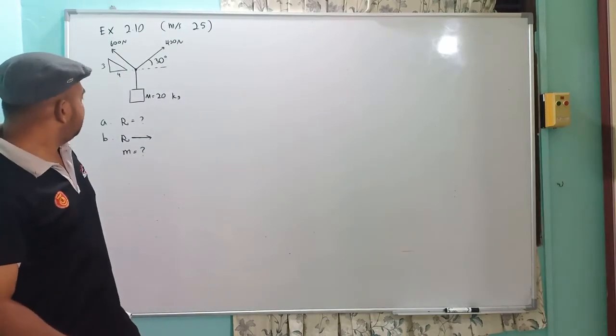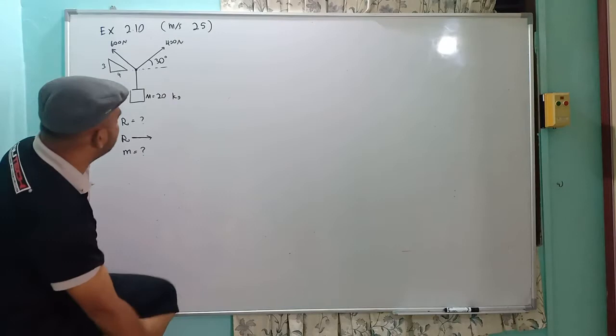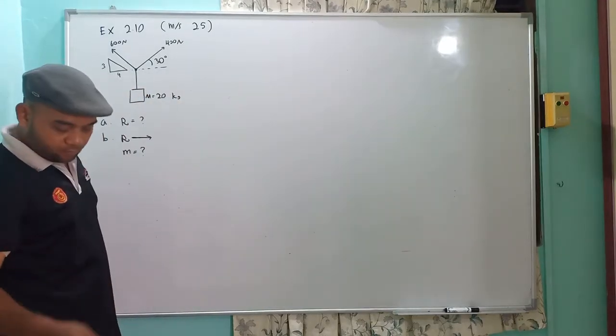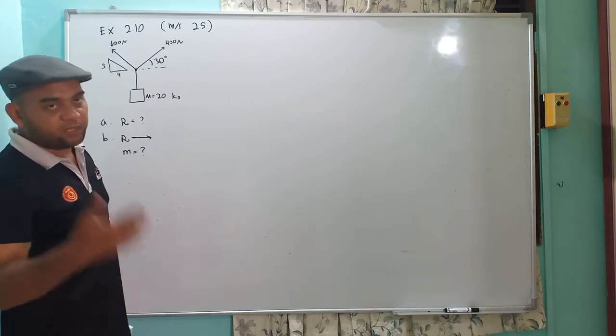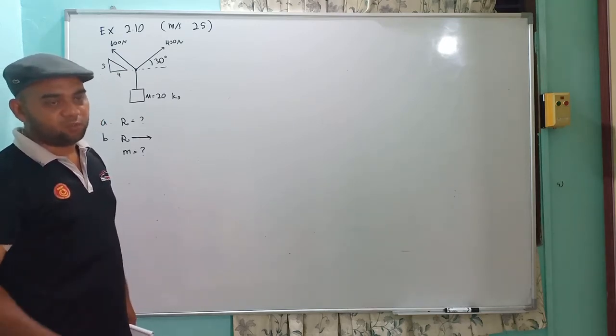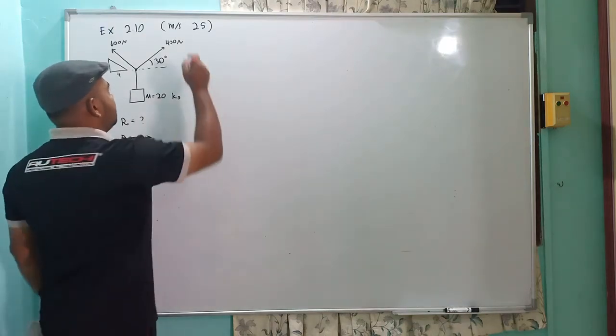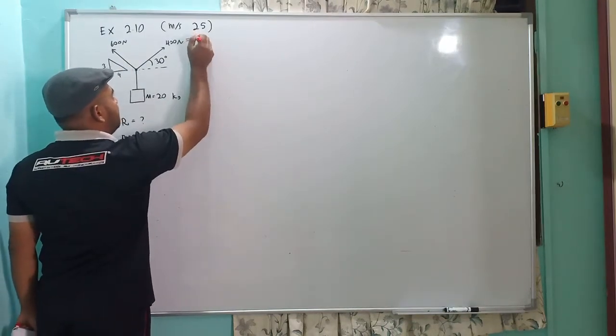Okay. First one, what is the resultant force for this component? Okay, so we have the equation R equal to P plus Q plus R or something. So we can name it as this one, maybe we just name it as F1.